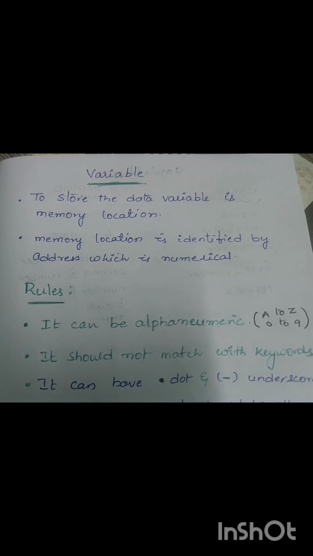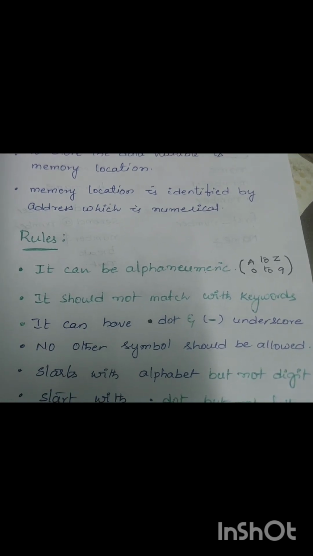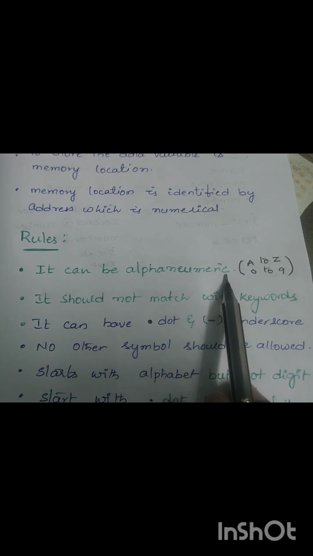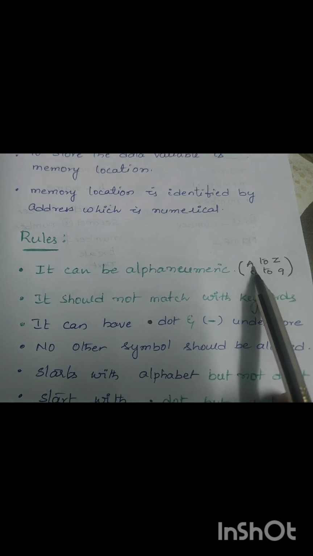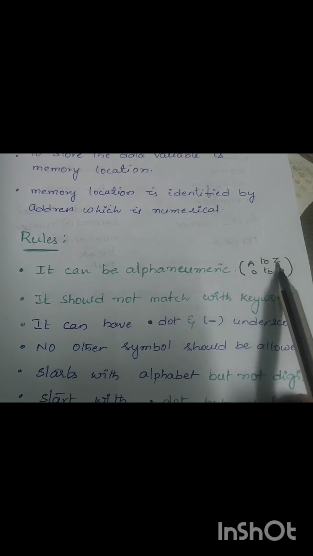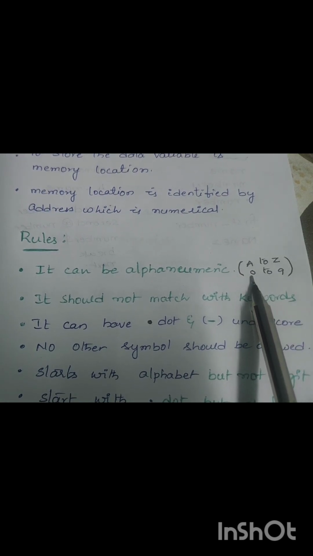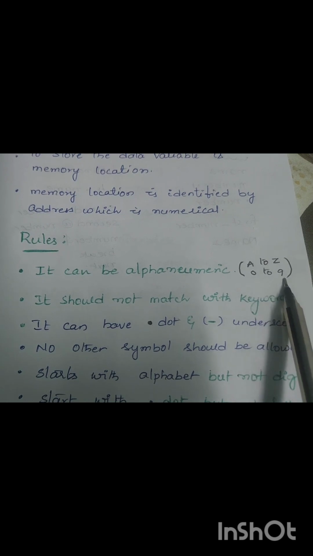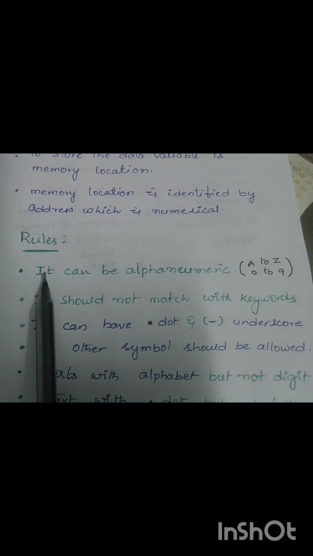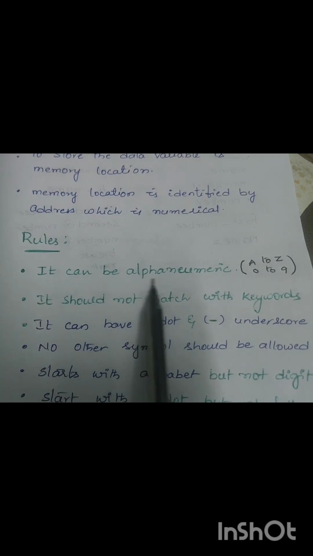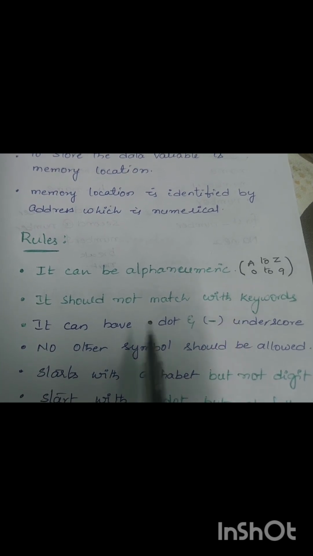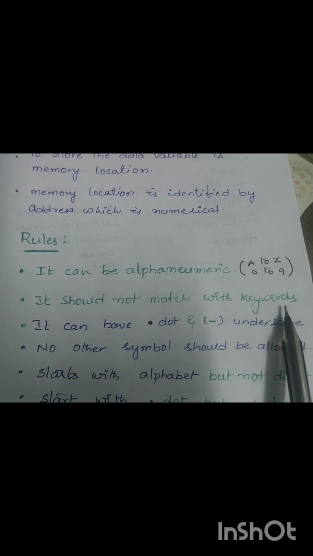The first rule is that it can be alphanumeric. In the R programming language we use the alphabets from A to Z and the numeric characters from 0 to 9. So in a variable we can use alphanumerics, and it should not match with the keywords.